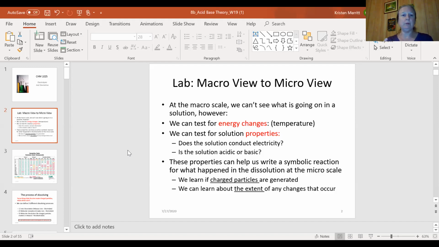Your solution acidity changes. It becomes more acidic or more basic. So even though we can't see what's going on at a micro view, we can tell something is going on from measuring the properties. And we can also learn about the extent of the change that occurs. That is going to come into play more when we talk about the acid base.